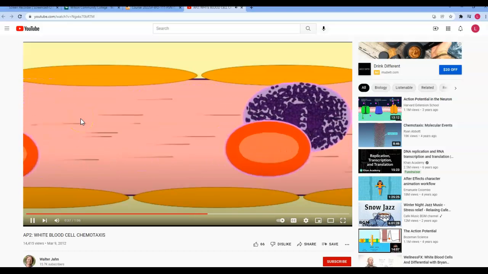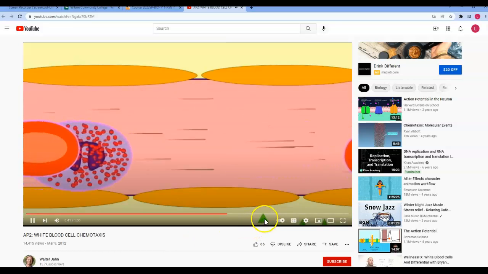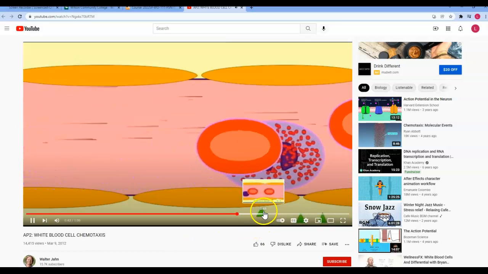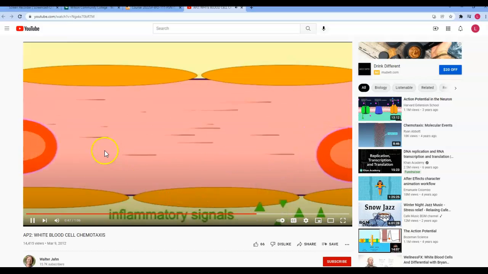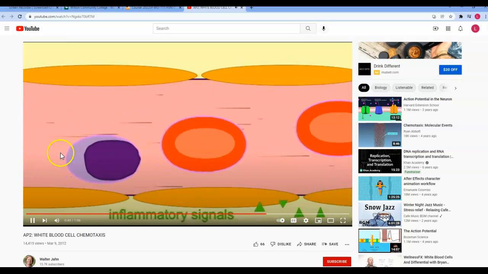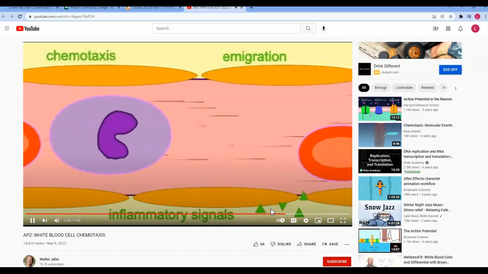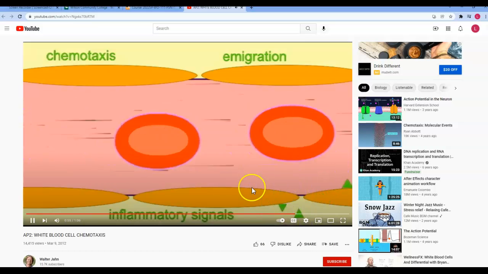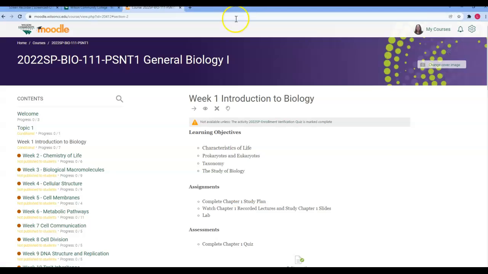It's in the blood vessel, but whenever it sees these signals here, it will leave the blood vessel. Red blood cells don't. They demonstrate chemotaxis, the ability to move toward those inflammatory signals. That's positive chemotaxis.